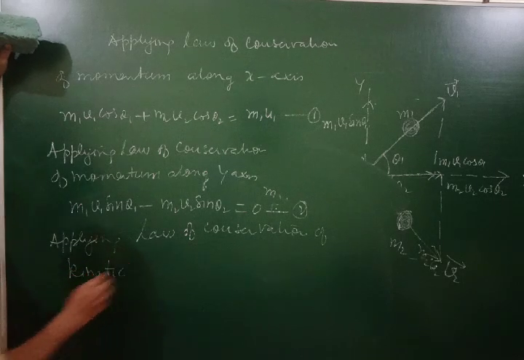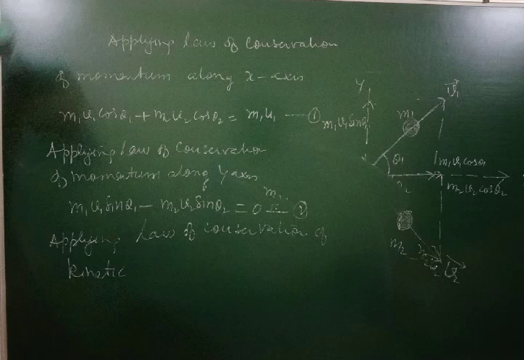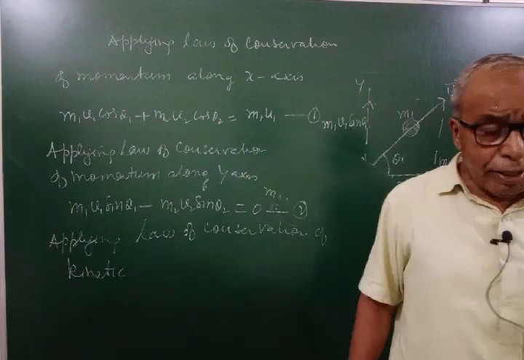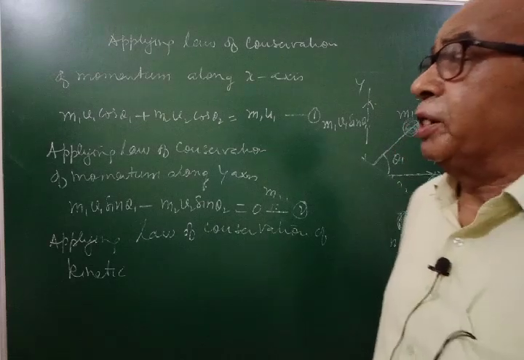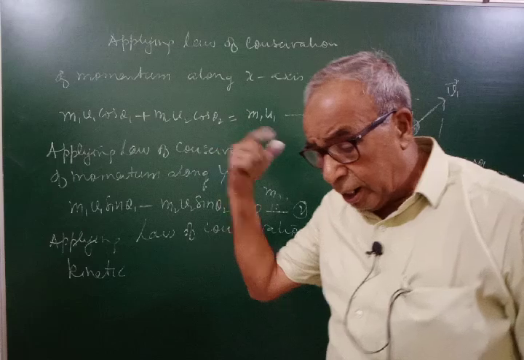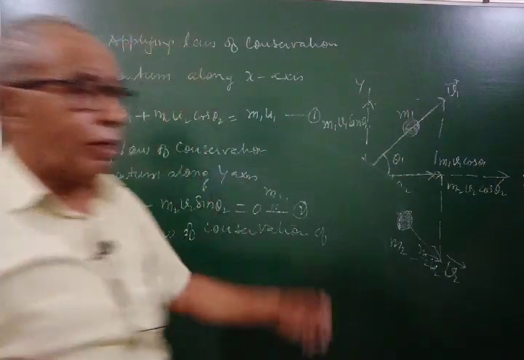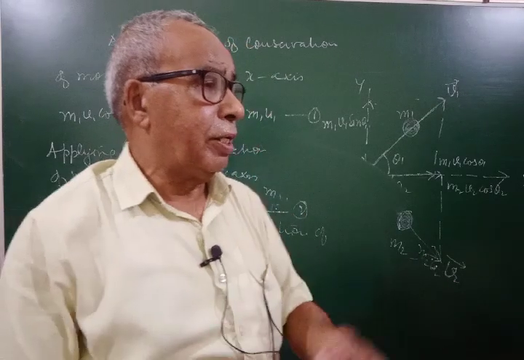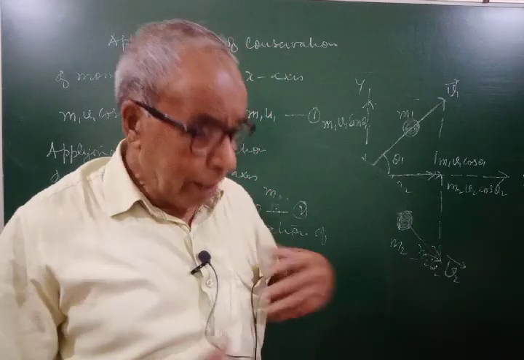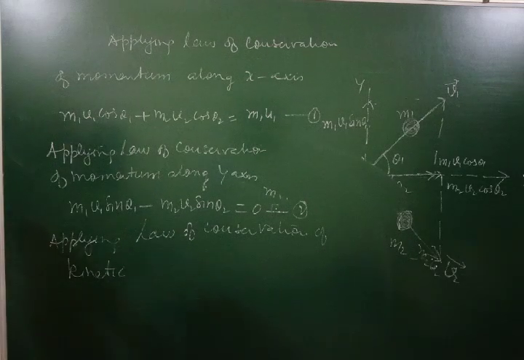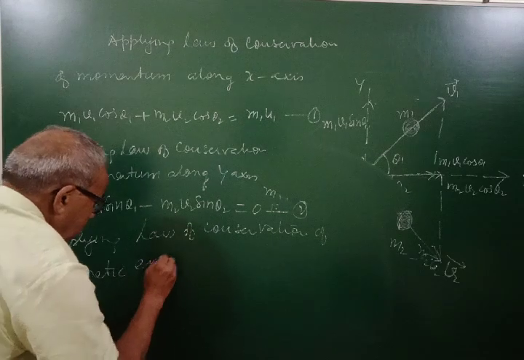Remember, it is kinetic energy that remains conserved here. Total energy is always conserved. While we say kinetic energy is lost in inelastic collision, where does that energy go? It goes to heat, sound and light. You have seen when collision takes place between two stones, the stone gets heated and produces light and sound. So that does not go waste. Here we are talking about conservation of kinetic energy.